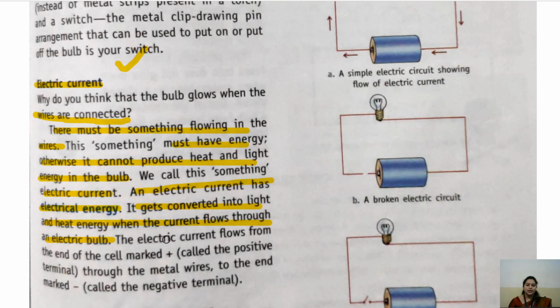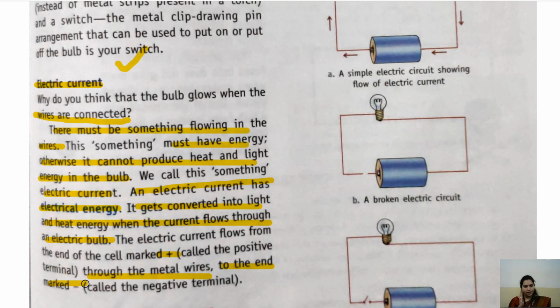Okay? So the electric current flows from the end of a cell marked positive through the metal cap to the end marked negative. Okay, so the electrical energy flows from positive to negative direction. और positive किस side होता है? जिस side metallic cap होता है.